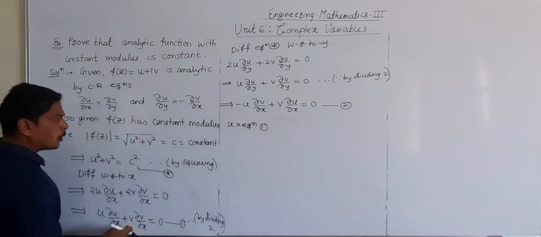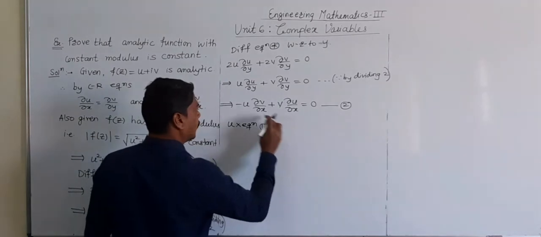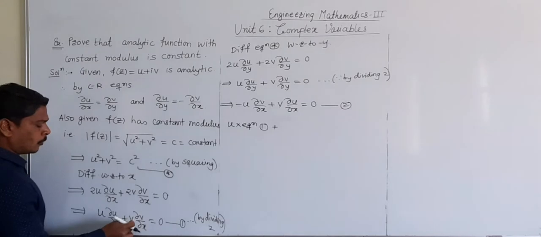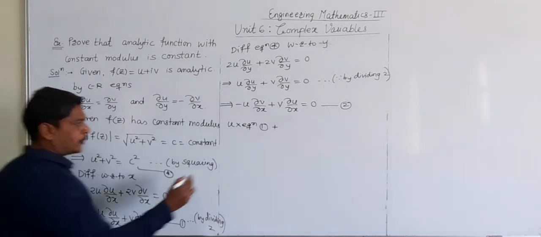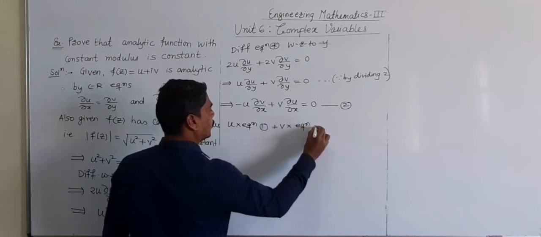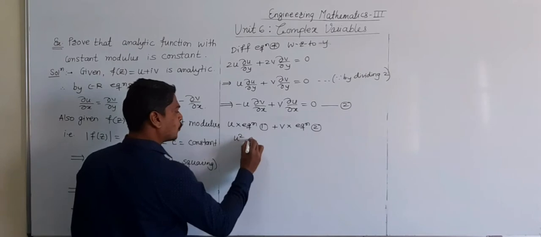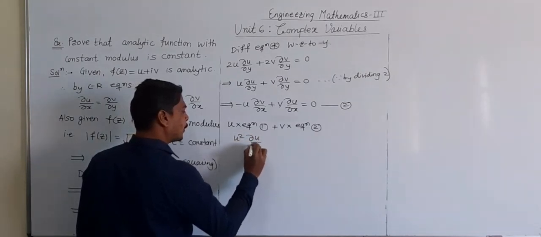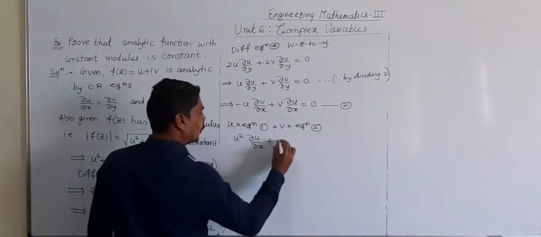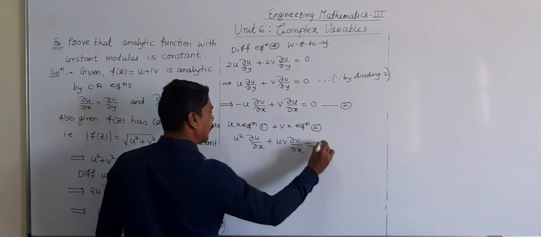Both terms are with opposite sign, so take addition. Multiply equation 2 by phi, the coefficient of the partial derivative of phi with respect to x, that means phi into equation 2. So equation 1 becomes u square into the partial derivative of u with respect to x, plus u into v into the partial derivative of v with respect to x is equal to 0.